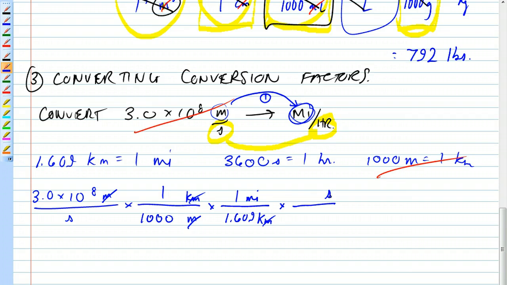What do I want to do? I want to cancel seconds, so I put seconds up here because seconds is in the denominator over here. So I put seconds in the top, and I want hours in the denominator, so I'm going to put hours down below. 3,600.